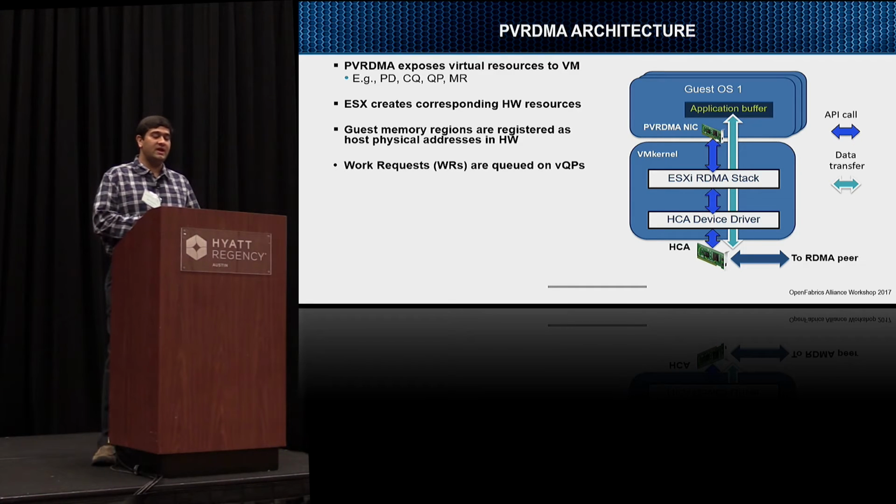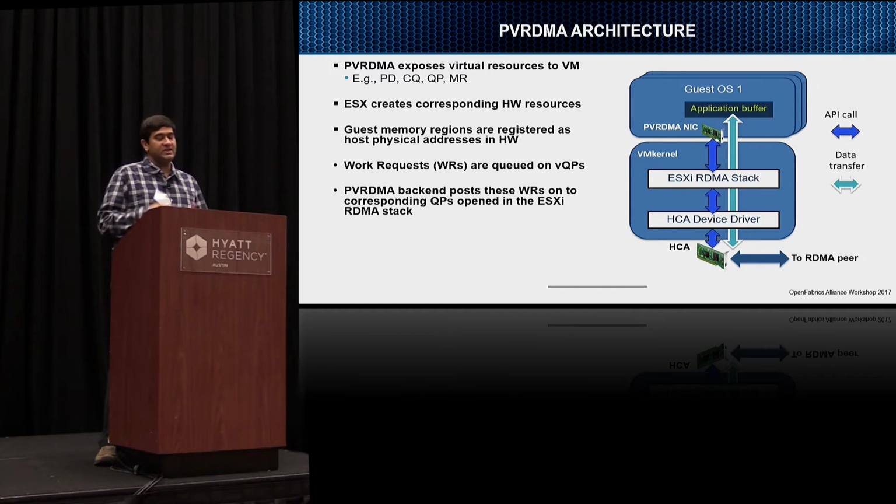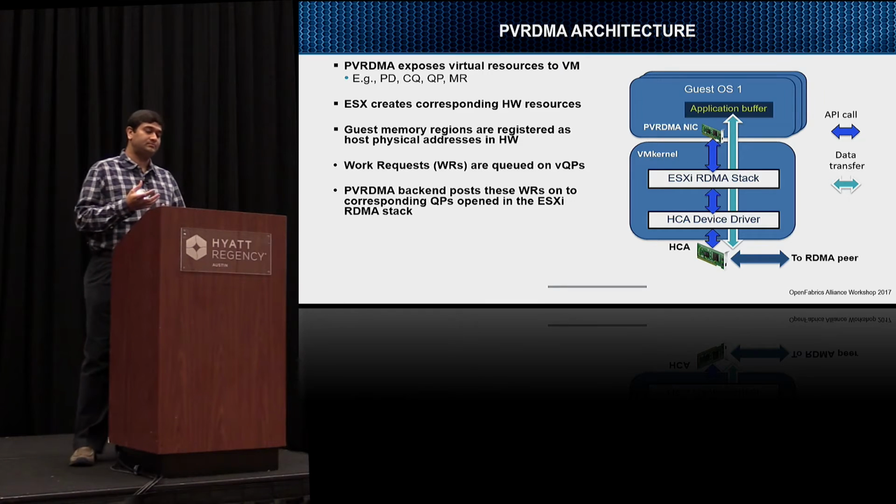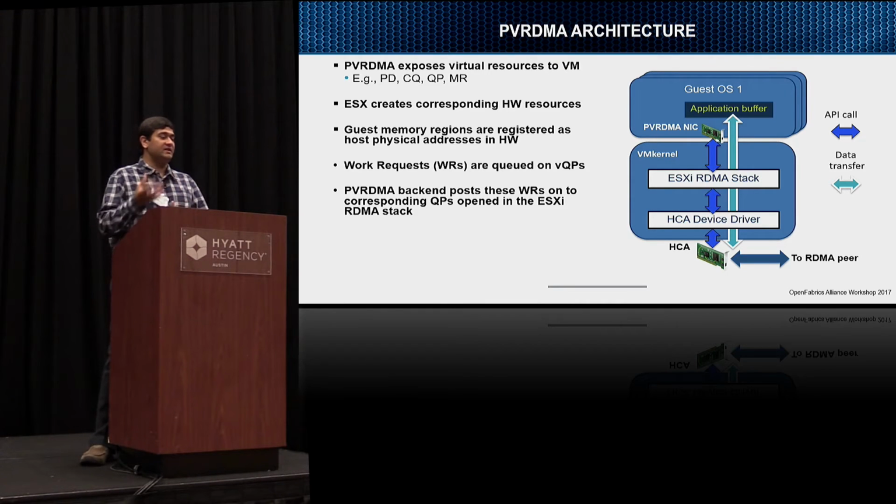Once it's enqueued that request in the virtual queue pair, we take that same work request, translate it to the actual physical address that it wants to access, and enqueue that new work request into the physical queue pair present on the HCA. We use the internal ESX RDMA stack to perform the same operation as posting the work request down to the HCA.